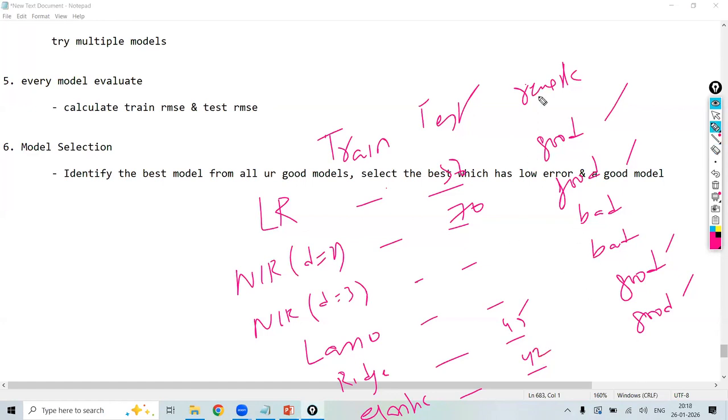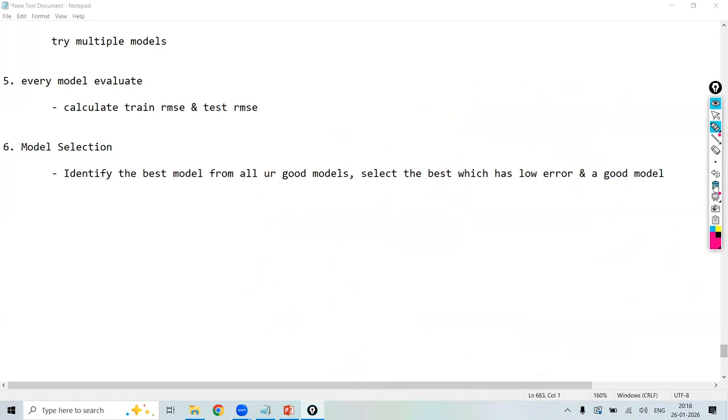4 good models are there. In the 4 good models, which has the low test RMSE out of these 4? Elastic. Go with this. Sir, assume if this also has the same, both the same. You told that within the good models, check which has the low test RMSE.